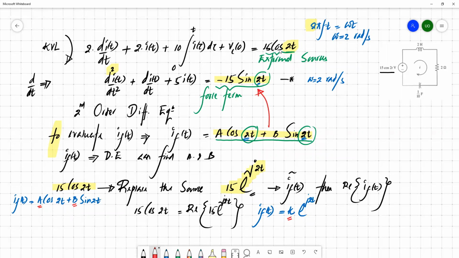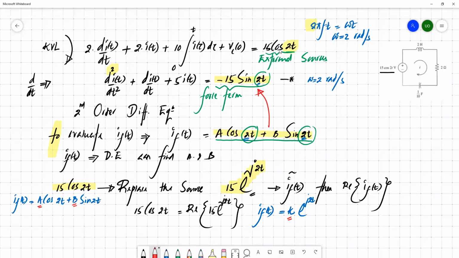So what we propose is, instead of cosine or sinusoidal excitations, we replace it with the corresponding complex exponential and evaluate the force response, then take the real or imaginary component according to the actual source.